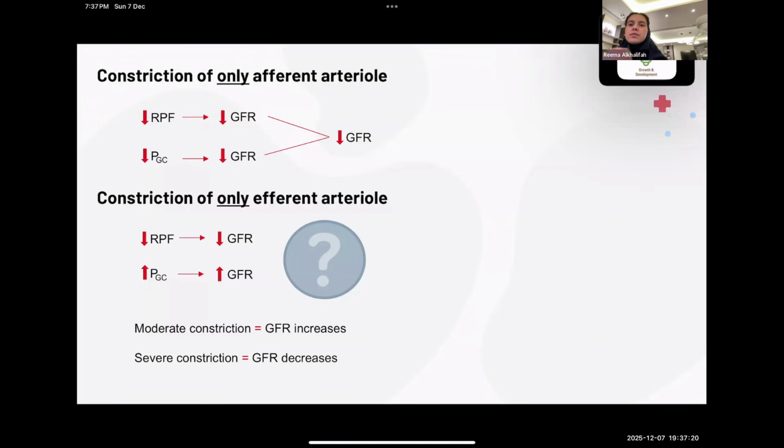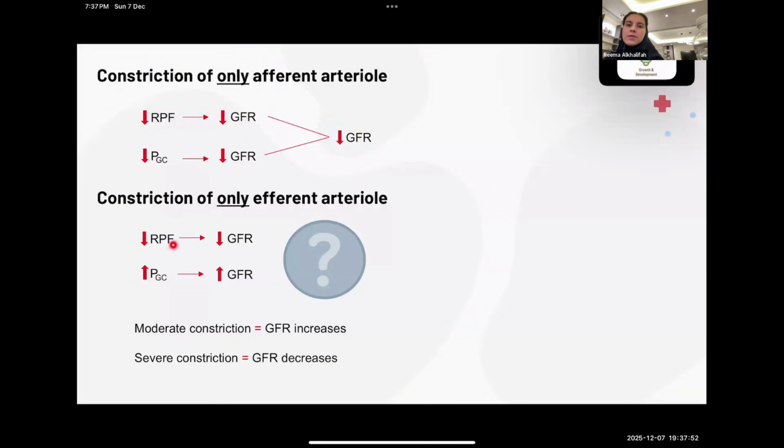Now, when they both decrease, those two variables collectively are going to decrease GFR in the end. So, constricting the afferent arteriole gives two effects: decrease in RPF and decrease in hydrostatic pressure of the glomerular capillary, which ultimately decreases the GFR.